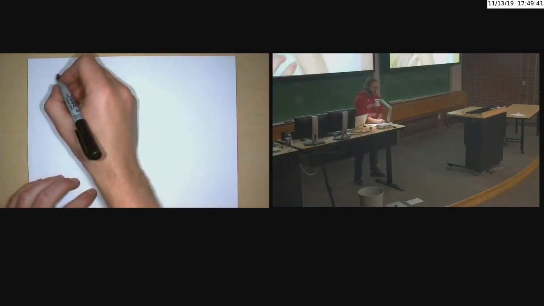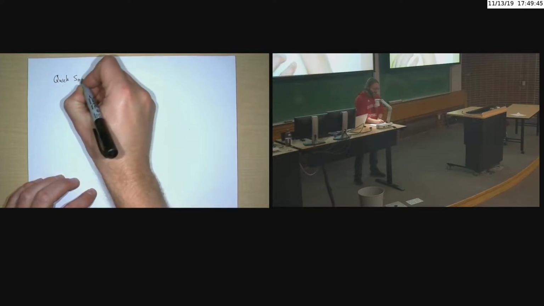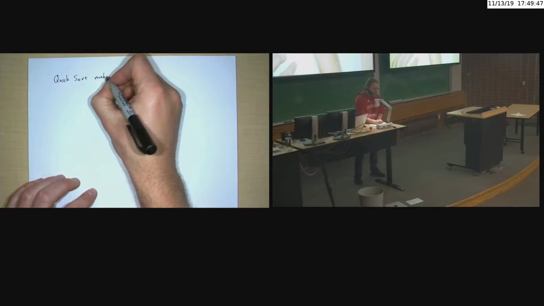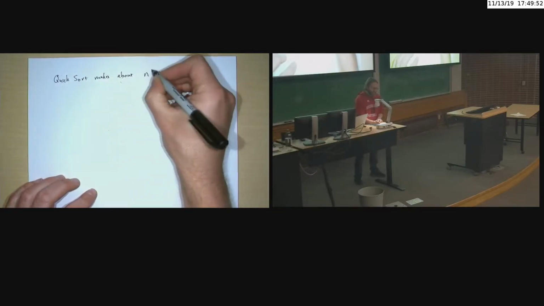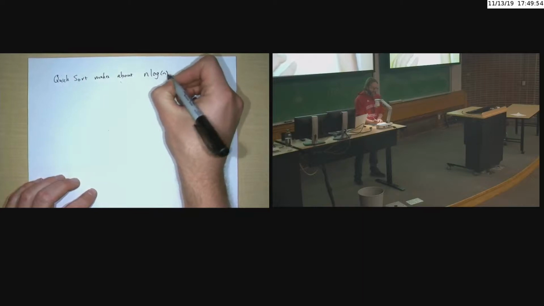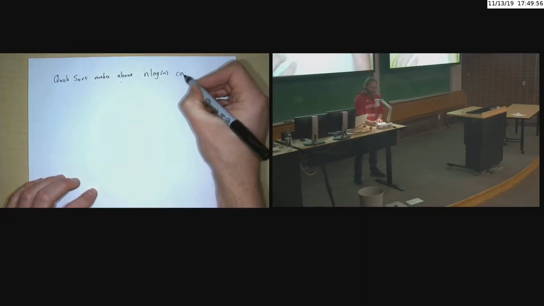Instead, I'm going to tell you that quicksort makes roughly about n log n comparisons. Now, that's in the best case. In the worst case, it devolves into selection sort, actually, in which case you'd have n squared behavior, but we're not going to worry about those details.